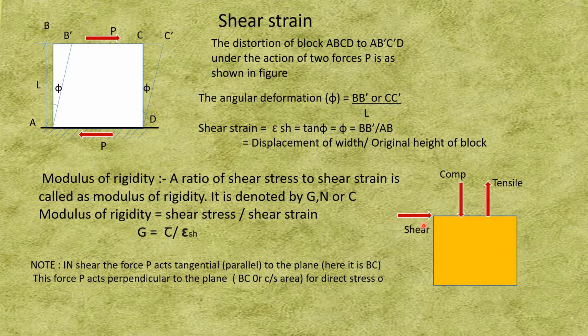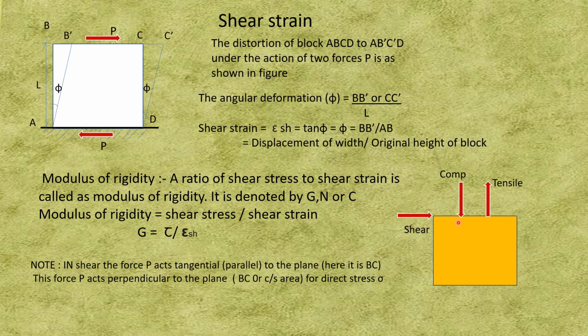Till now we have seen only two types, compressive stress and tensile stress. Now we are learning a third type of stress, that is shear stress. In shear stress, the area under shear, the plane, is parallel to the shear force. Whereas when it is compressive or tensile, the area is the same, but the force acts perpendicular to the plane.